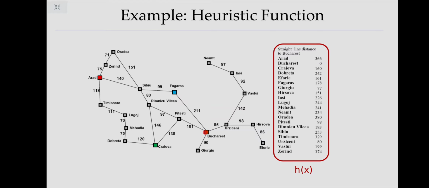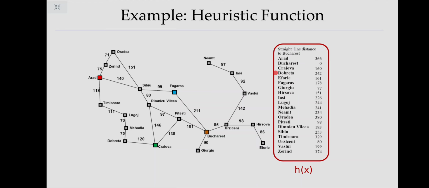For other nodes, we connect the nodes with Bucharest with a straight line and we calculate the distance as the estimation of the path between any node and Bucharest. For example, for Arad, we draw a line between Arad and Bucharest and calculate the distance. In this example, this is 366.